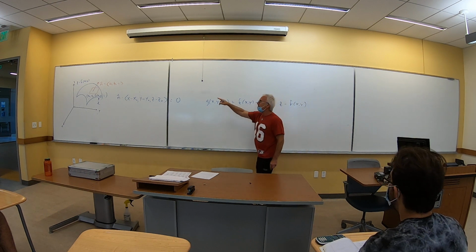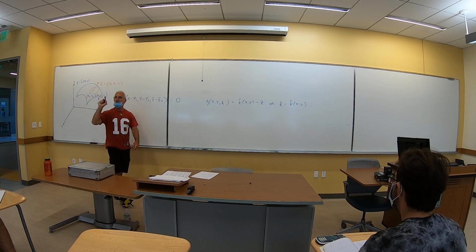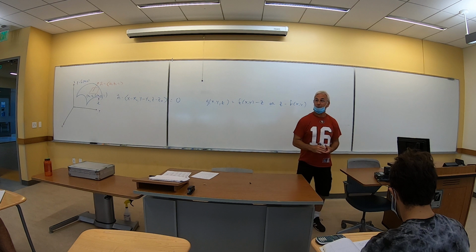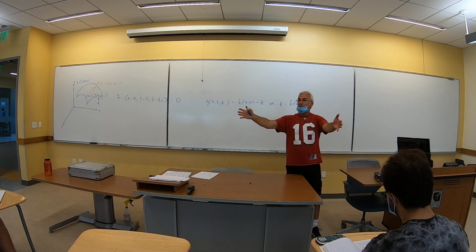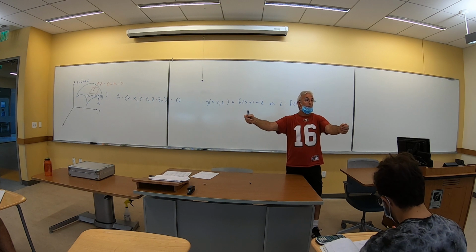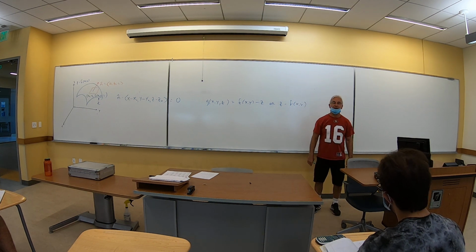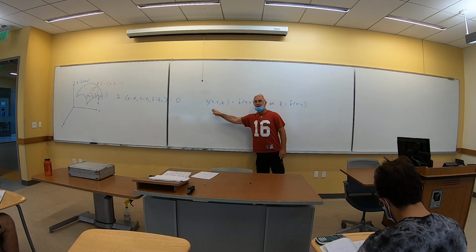Thereby making my specific surface a level surface of this. Remember, everything in 2 dimensions is a level curve of something in 3. Now I'm giving you a 3-dimensional surface. Is there anything wrong with that being a level surface of something in 4? Nope. But that's how I'm making my 3-dimensional gradient. I'm going to take the gradient of this.